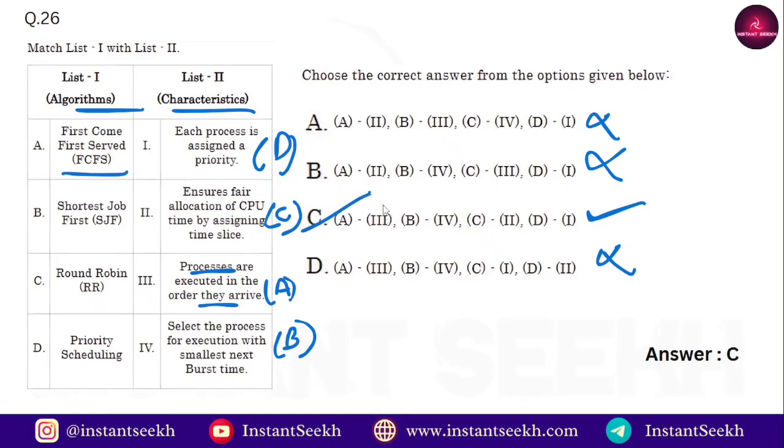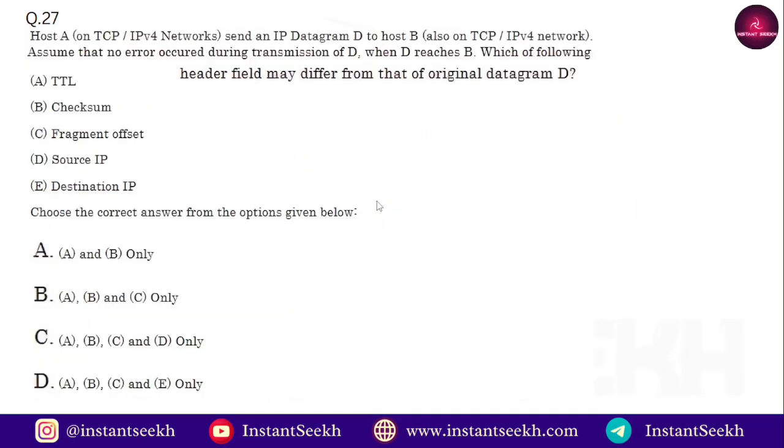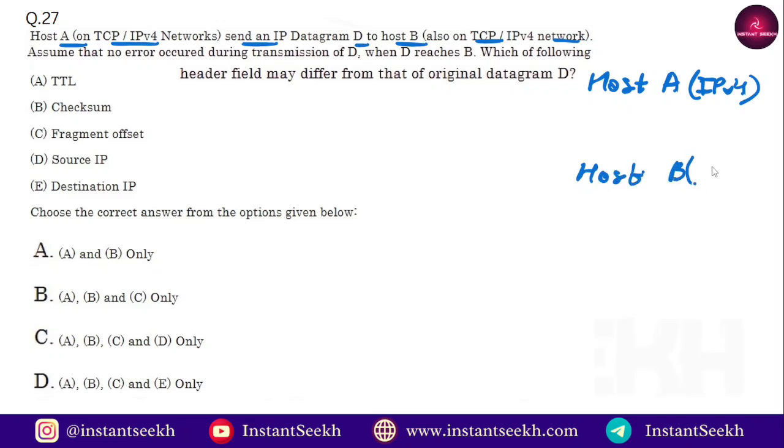Let's move on to the next one. Host A on a TCP/IPv4 network sends an IP datagram D to host B, also on a TCP/IPv4 network. There is a host A using an IPv4 network, and host B is also using an IPv4 network.